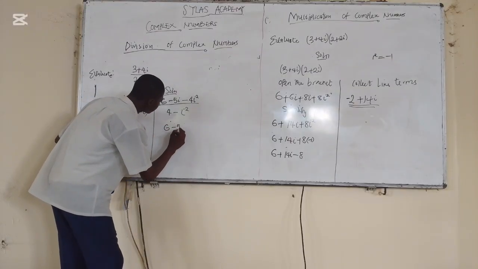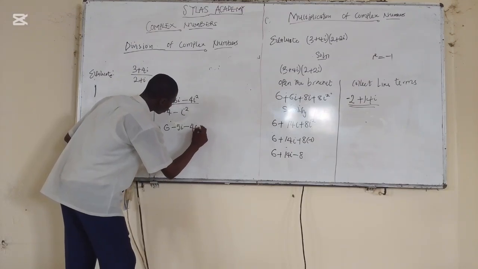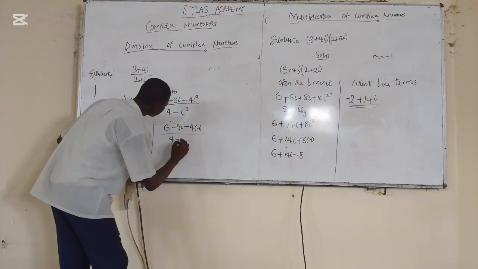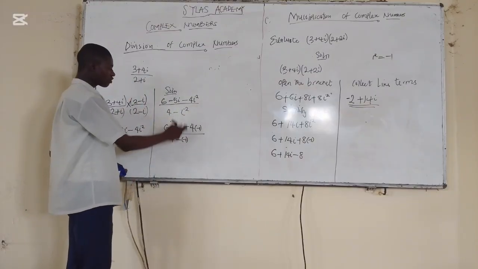6 plus 5i minus 4 times minus 1, all over 4 minus minus 1. It's i squared, and i squared means minus 1.